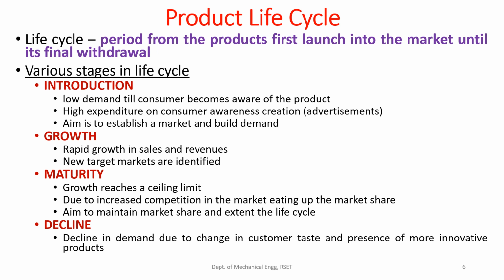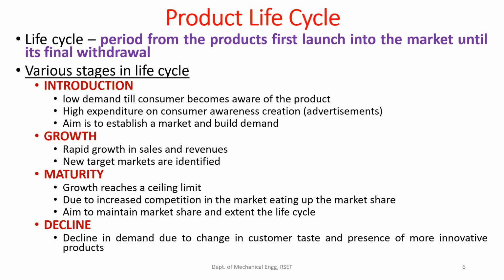Now, this high growth rate is not sustained throughout the entire lifetime of a product. So, essentially, this high or rapid growth rate slows down with time, and hence we move on to the next stage called maturity. Now, maturity is a stage where the sales growth reaches a ceiling or a maximum.